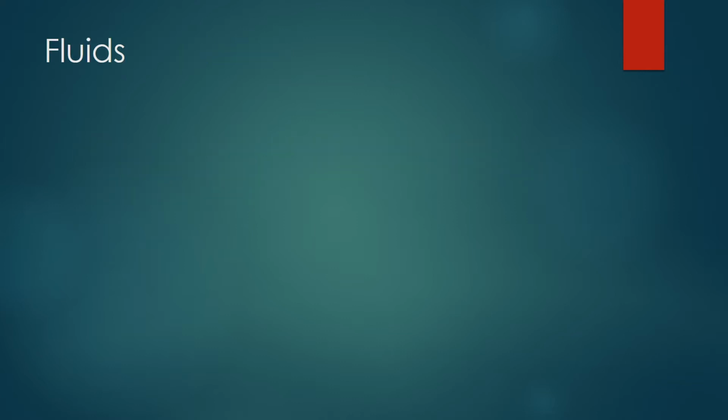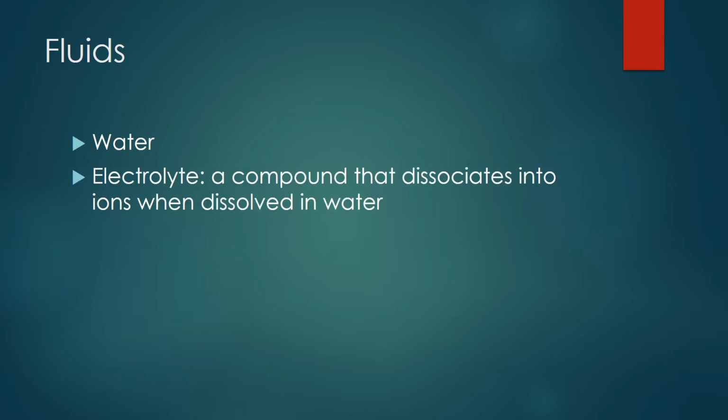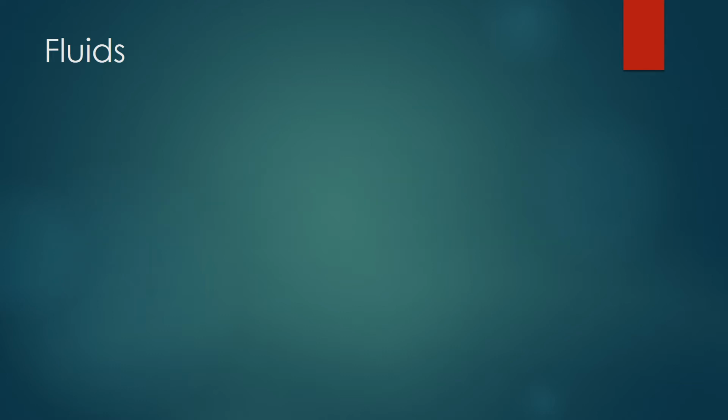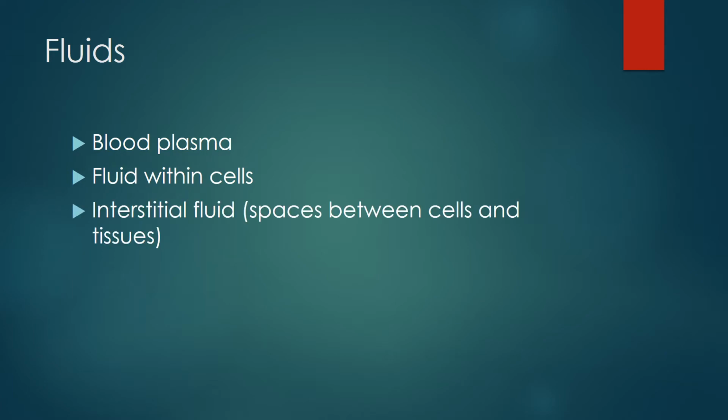The fluids inside and surrounding cells are composed of water, electrolytes, a compound that dissociates into ions when dissolved in water, and non-electrolytes, which do not dissociate into ions in water. The body fluids include blood plasma, fluid that exists within cells, and the interstitial fluid that exists in the spaces between cells and tissues of the body.